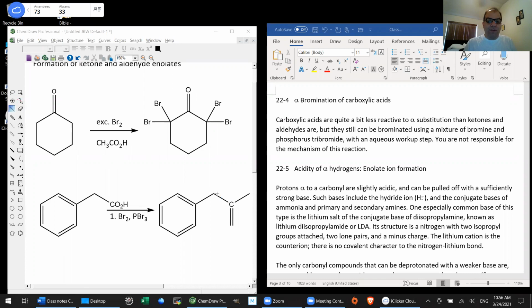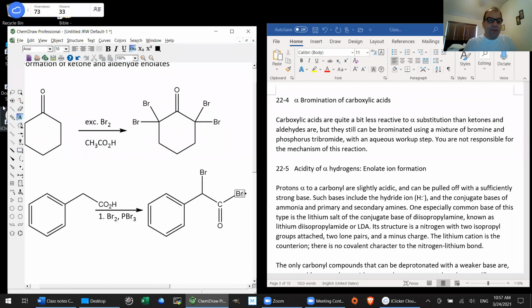The first thing it will do, and again, assuming one equivalent of the bromine, is replace one of those alpha protons with a bromine. And again, if we used an excess of bromine, I'd expect it would replace both of them. But it will also convert the carboxylic acid to an acid bromide.